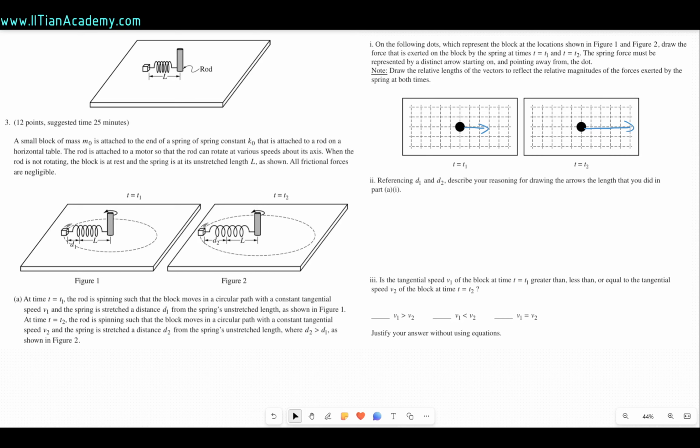as we have a larger spring force, larger displacement. And then in part 2, referencing d1 and d2, we need to describe the reasoning for drawing the arrows as we did. So we kind of already saw that.